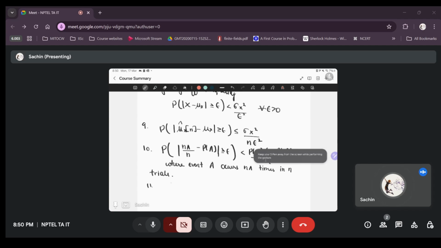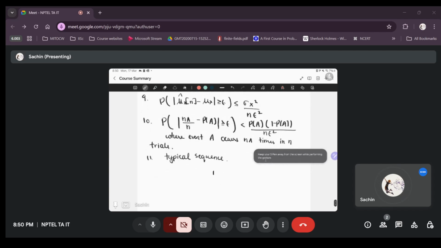Then we define a typical sequence. It is an L-length sequence of some random variable that can take K values.